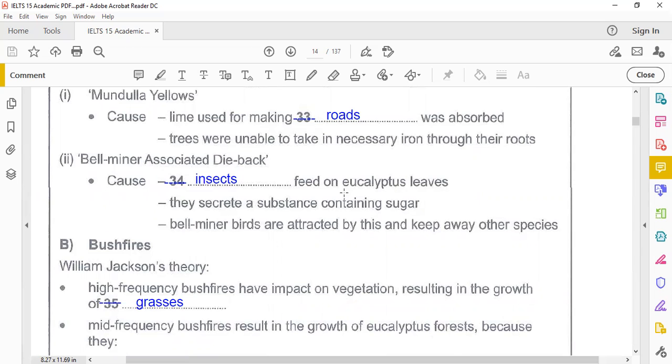Caused because insects feed on eucalyptus leaves. They secrete a substance containing sugar. Bell miner birds are attracted by this and keep away other species.